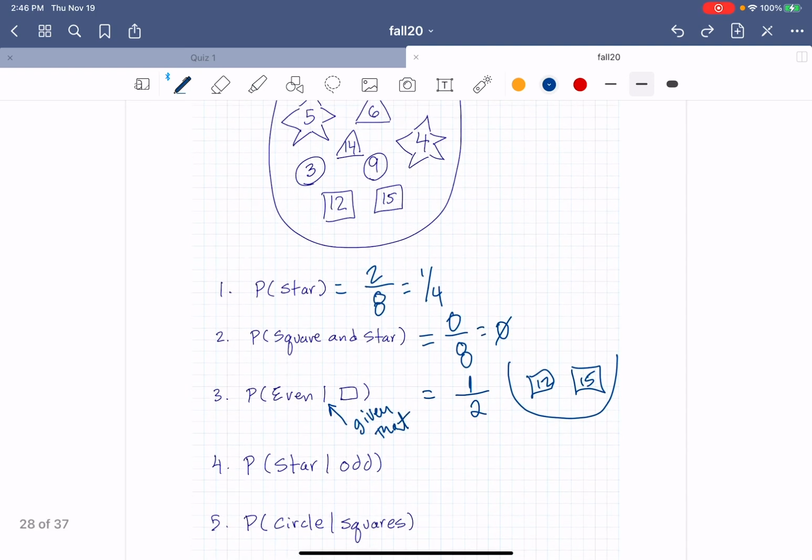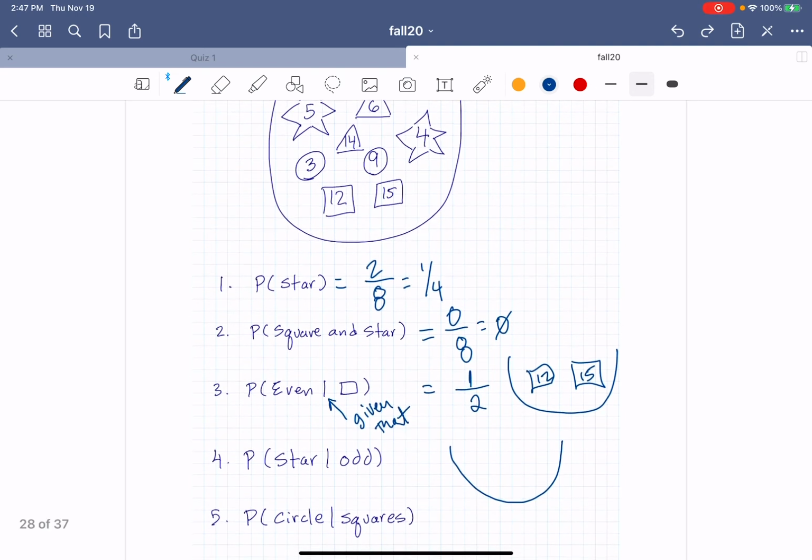Next one says, again, we have a conditional statement. What's the probability of choosing a star given that we have odd values? So the property of a star, given that the items are odd. In our new bag, because this conditional statement gives us new information, which ones are odd?